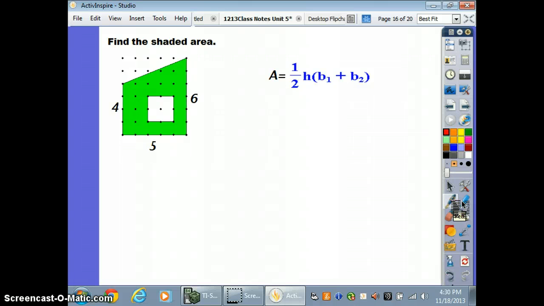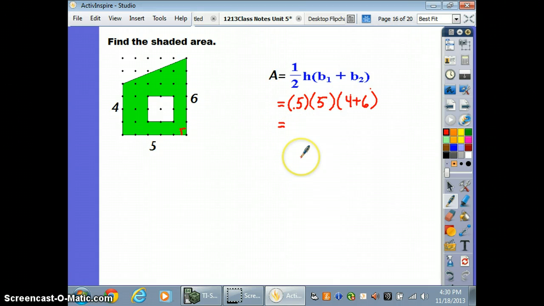Again, I always copy the formula, so I'll put 0.5 here. The height of the trapezoid, it's on its side. These are the bases, 4 and 6. But the height is 5. See, if I turned it, the height is 5.